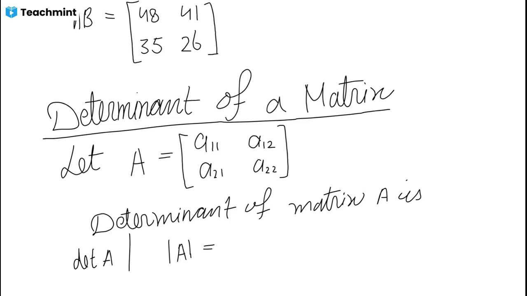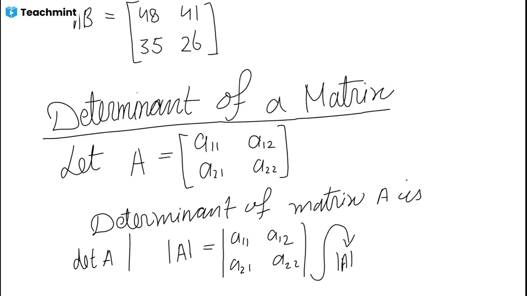So first of all, we'll write these elements in this bracket form, and just multiply diagonal elements first, then take negative sign, then multiply another diagonal elements. What does it mean?